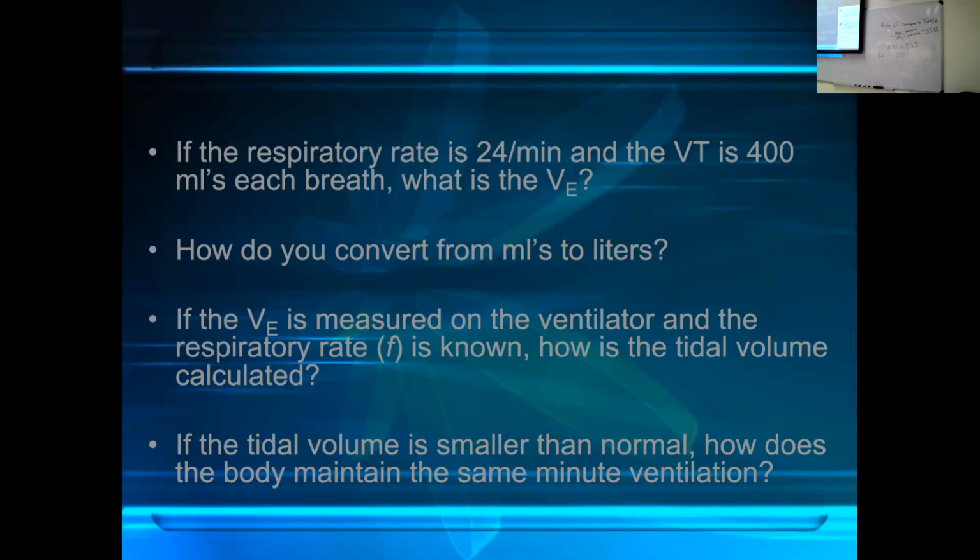We said the formula is respiratory rate times tidal volume gives us our minute volume. But if we know the respiratory rate and we know the minute volume, how do we find the tidal volume? We want to get tidal volume all by itself. So you've got to divide both sides by the respiratory rate. This cancels and becomes 1.